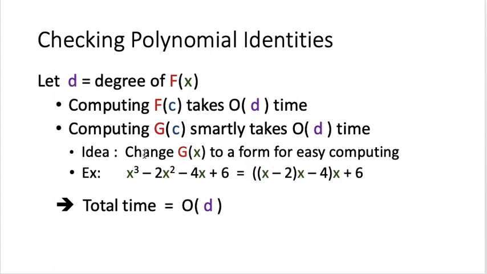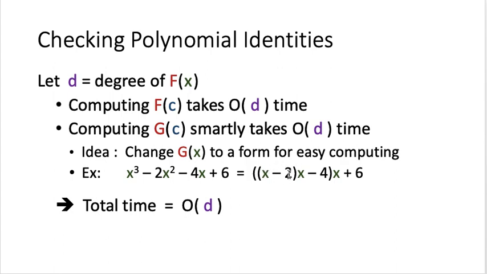The idea here is we first change the g of x into a form that facilitates computation, making it easier to compute. So this is our example, x to the power 3 minus 2x squared minus 4x plus 6. What we do here is we transform this into the same form. Look at it. First of all, instead of getting x to the power 3 minus 2x squared immediately, we get x minus 2 only.